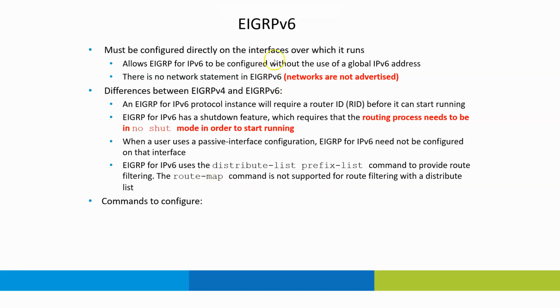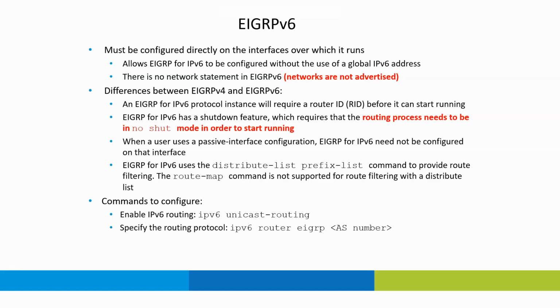So in order to configure EIGRP for IPv6 unicast routing, anytime we do IPv6 anything, IPv6 unicast routing, it's not the default, IPv4 is. The routing protocol is IPv6 router EIGRP, on the interface, and then the autonomous system number.